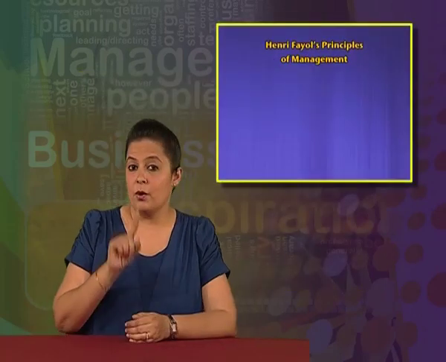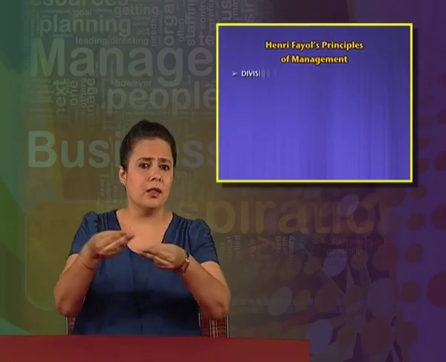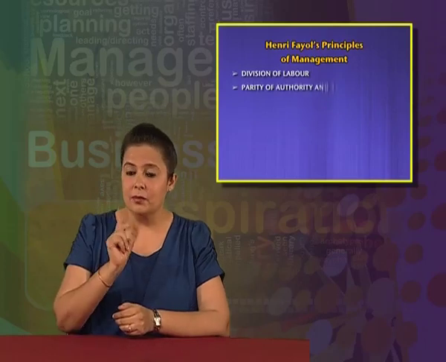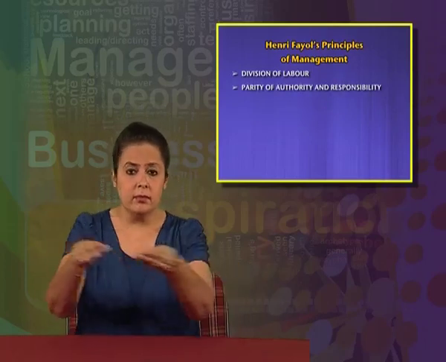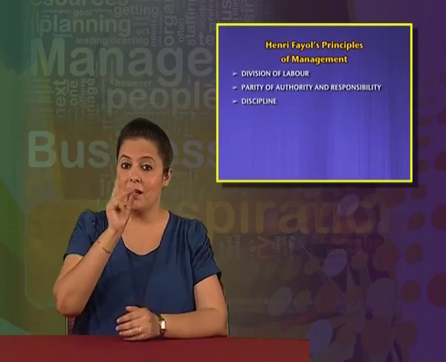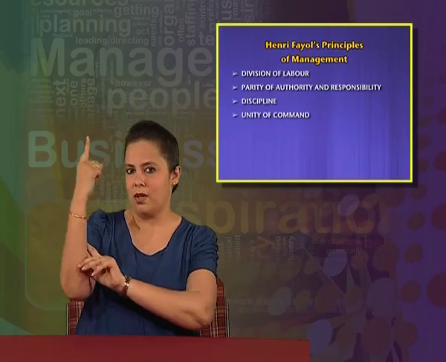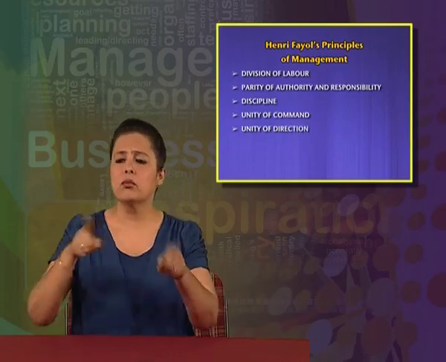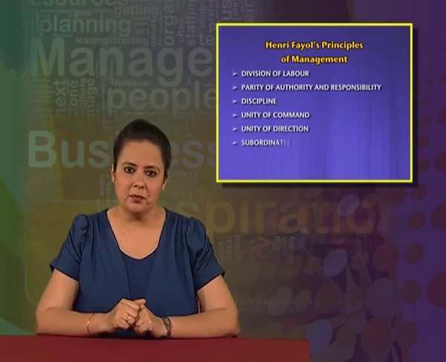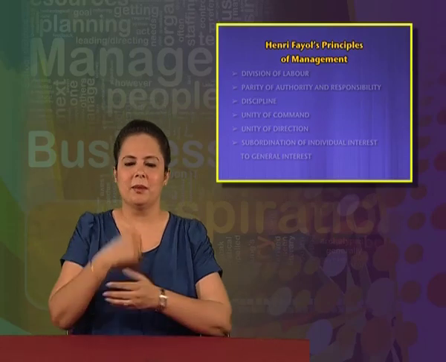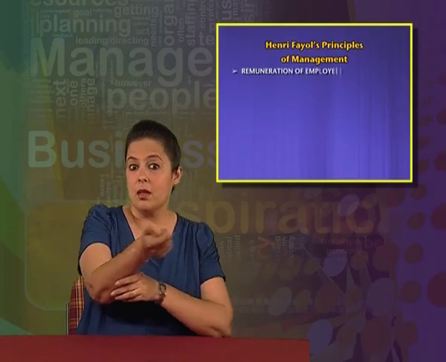The first principle given by him is division of labor. Number 2, parity of authority and responsibility. Number 3, discipline. Number 4, unity of command. Number 5, unity of direction. Number 6, subordination of individual interest into common interest. Number 7, fair remuneration to the employees.